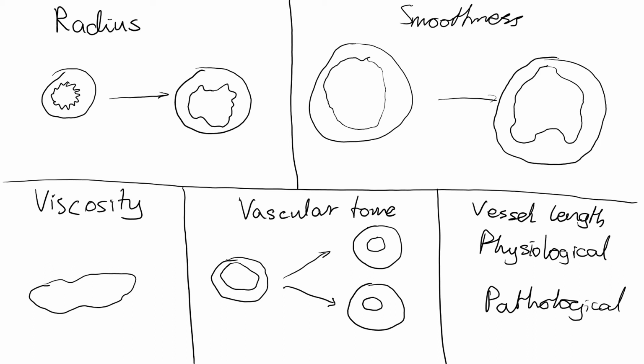A pathological mechanism that increases blood vessel length and therefore pressure is when a person increases in size, but that increase in size is located around their central abdominal area, meaning that the person becomes more overweight or obese.